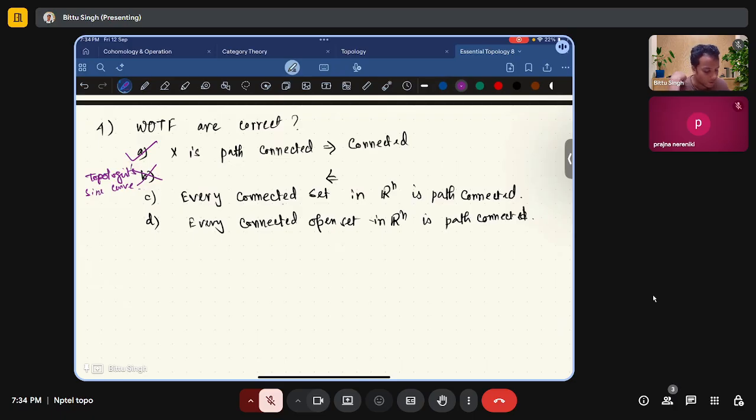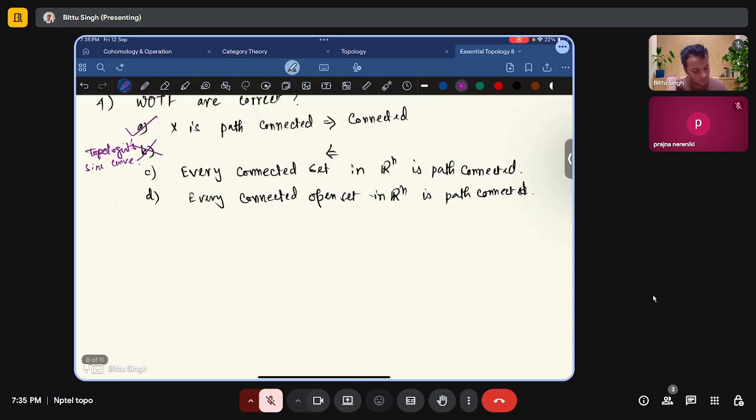Every connected set in Rn is path connected. Is it true? The topologist's sine curve is a subset of R2, right?